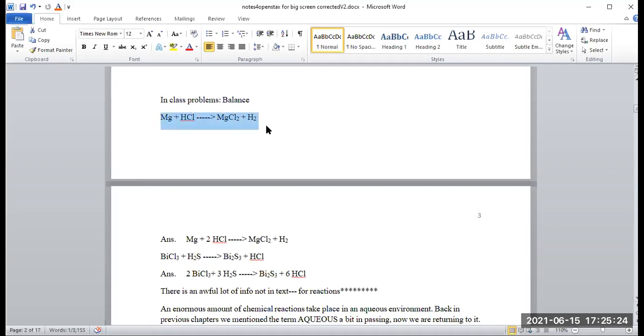If you look at this equation, it's still magnesium metal and hydrochloric acid gives you magnesium chloride and hydrogen gas. Even though I changed the coefficient in front of my HCl, I didn't change what I have. It's still magnesium metal plus hydrochloric acid gives you magnesium chloride and hydrogen gas. It's the number of them that changes once it's balanced.